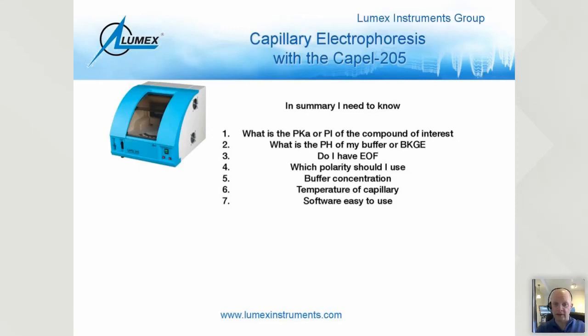Of course, in order to go to the higher buffer concentrations, you need to be able to control what we call the Joule effect, and that's the temperature of the capillary. So we really need to control that very, very heavily. Again, as I mentioned, there's a cooling pump with water and a little bit of methanol in it, 4 to 6% methanol, that keeps everything cooled so that you can go to those higher buffer concentrations and those higher voltage settings as well.